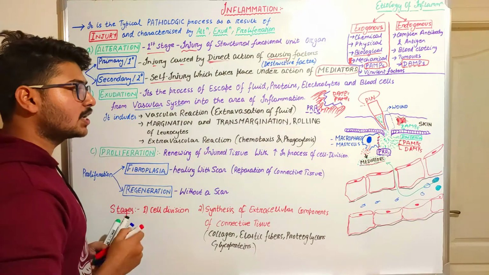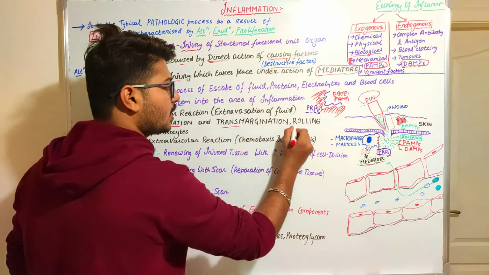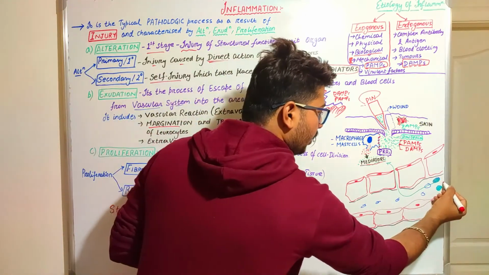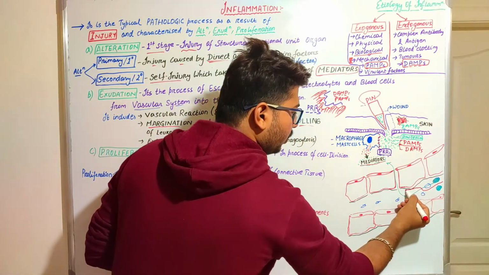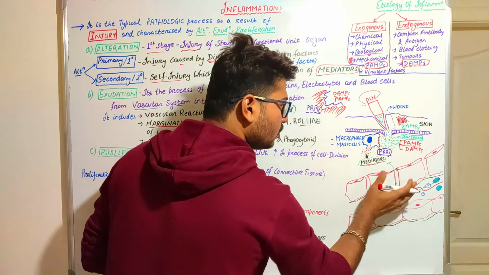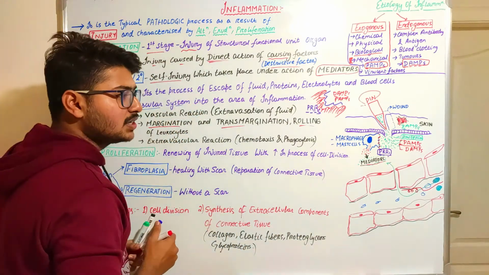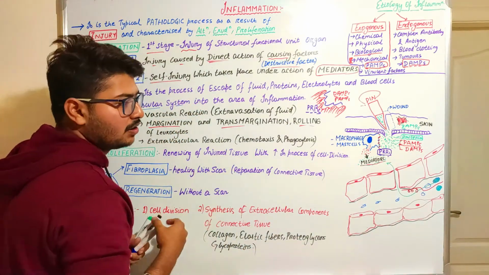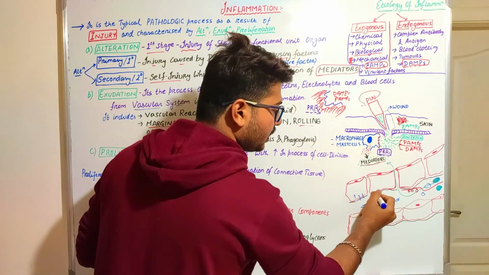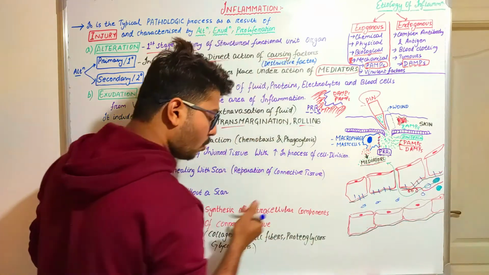So these mediators are going to attract more leukocytic cells. Through which process are the leukocytes going to come? They come through margination, transmargination and rolling. The leukocytes come to the margin of the surface, and then through rolling, because the endothelial membrane produces adherent molecules on its surface, they can pull the moving leukocytes towards them.